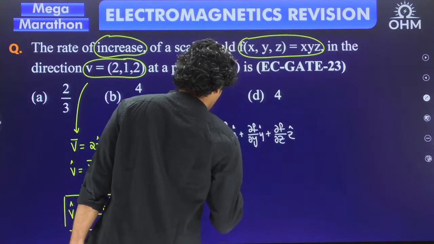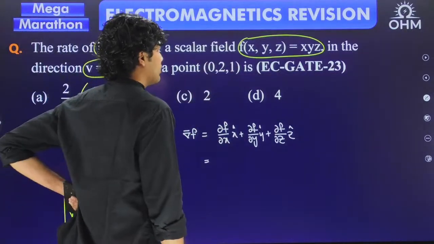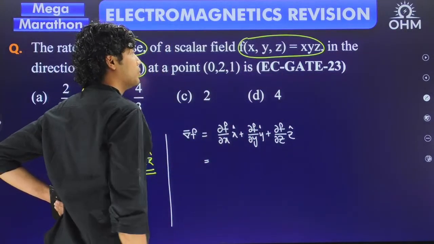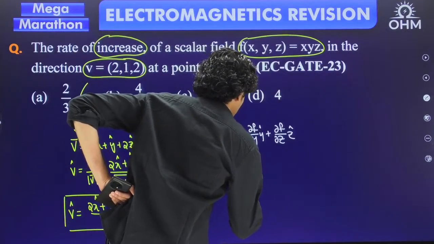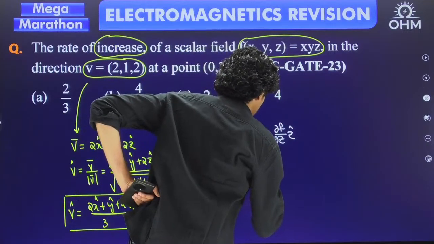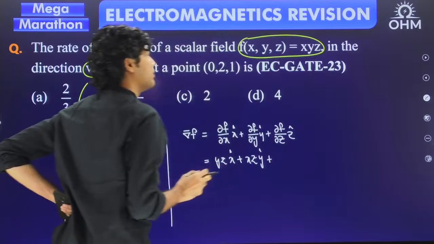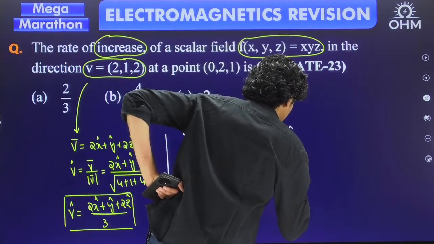If you substitute the function xyz, differentiating xyz with respect to x gives yz x cap, plus differentiation with respect to y is xz y cap, and differentiation with respect to z is xy z cap.